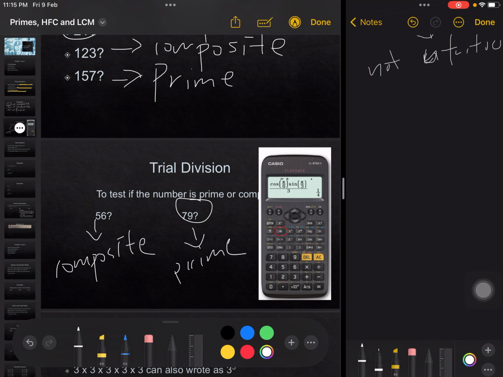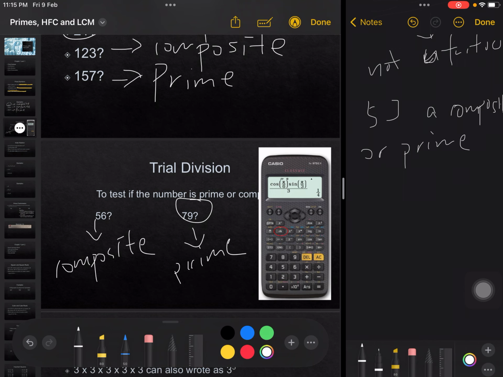Maybe we can look at another example, let's say 53. Is 53 composite or prime?